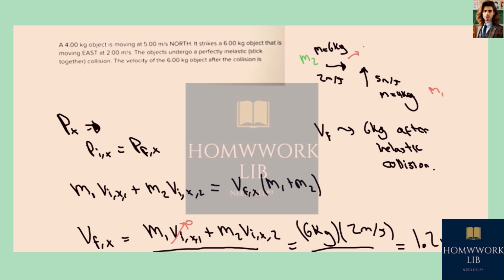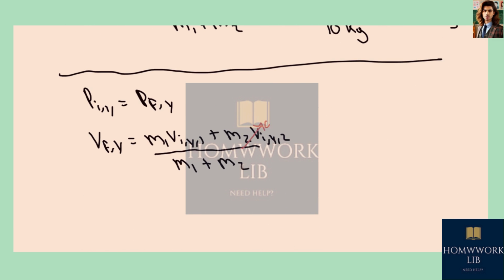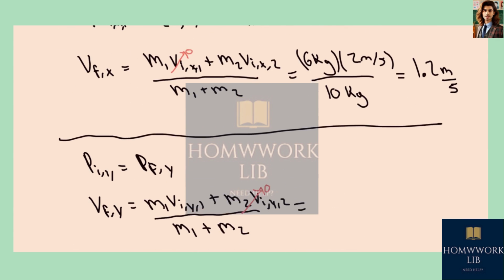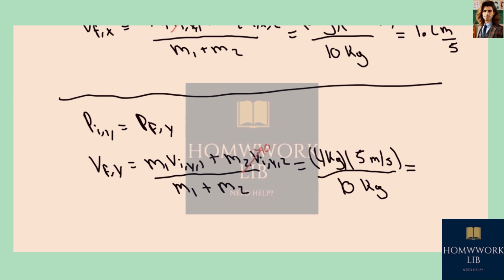It is going to have only velocity on x. So now this term is going to go to 0, and our equation is going to become mass 1, which is 4 kilograms, times 5 meters per second, divided by the total mass of the two objects together, which is 10 kilograms. This is 20 divided by 10, which gives us 2 meters per second.